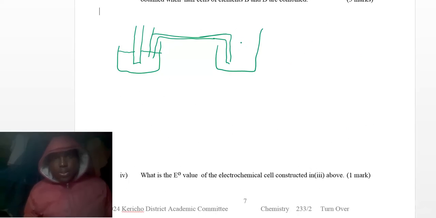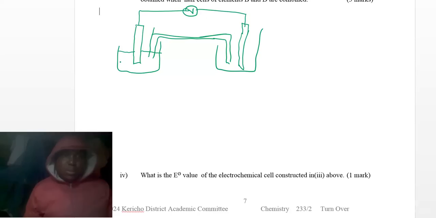Then you draw the electrode on this side. Then you remember to draw the voltmeter here. Once you have drawn that, the most important thing is to tell us what is inside here, and which one is B, which one is D. And name this one the salt bridge.